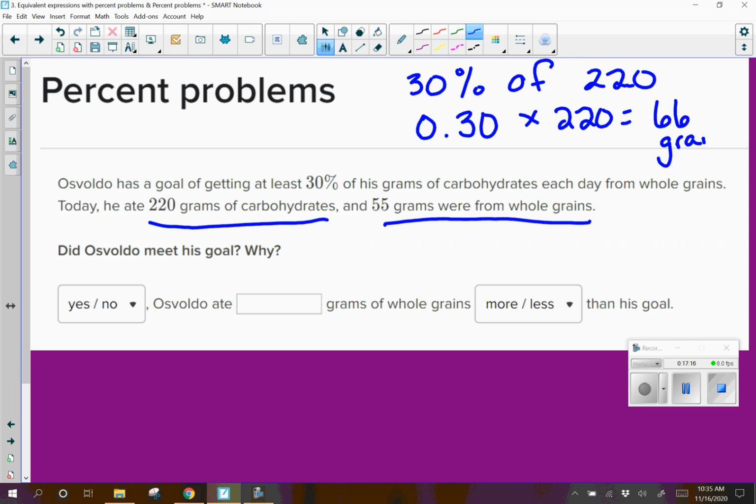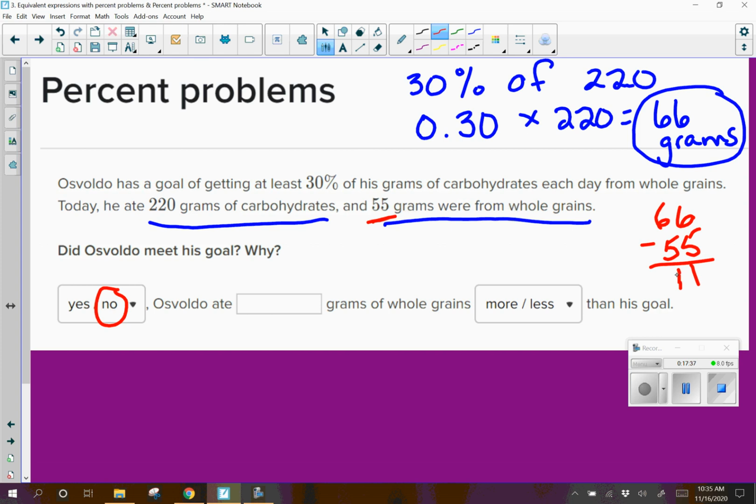So he should be eating 66 grams from whole grains, but he only ate 55. So did he eat enough? No. And if you subtract 66 minus 55, that means that he ate 11 grams less than his goal. So that last question is again going to be a drop down where you'll have to select either more or less. Let's try another one.